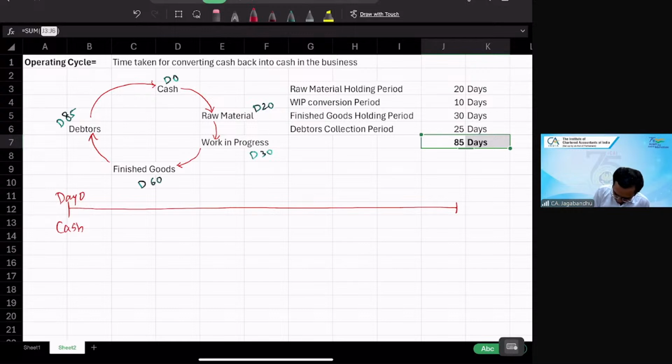Then it goes on for 20 days, right? So this remains as raw material, right? Cash gets converted to raw material. It remains as raw material by day 20.